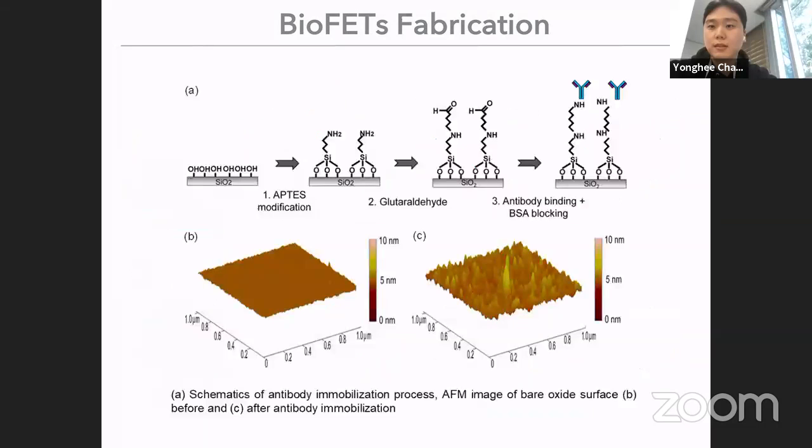To immobilize antibodies on the surface as a receptor, we have to employ the surface treatment step. Typically, a hydroxy group is present on the silicon oxide surface like this.